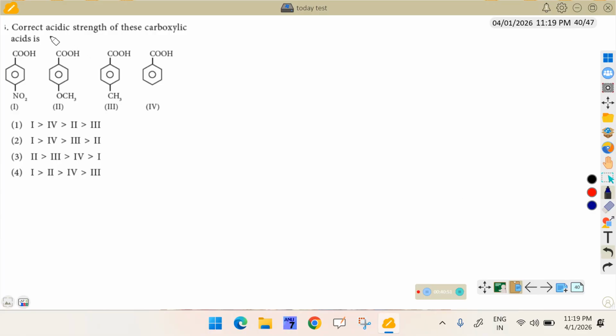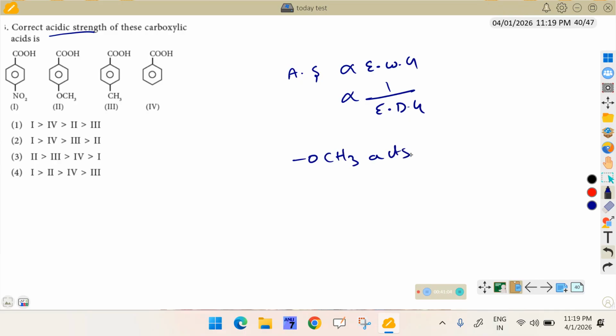Correct order of acidic strength. Acidic strength is directly proportional to electron withdrawing groups and inversely proportional to electron donating groups. OCH3 acts as a strong electron donating group compared with CH3.